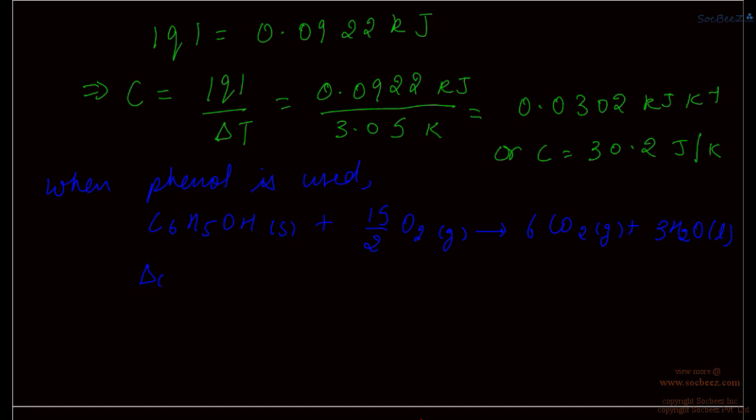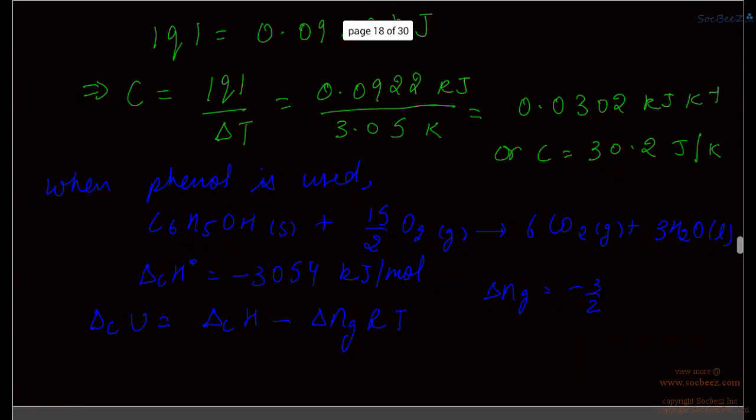And now since delta Hc is minus 3054 kilojoule per mole. Okay, so delta U, similarly to the last part, it will be delta H minus delta NgRT, and since delta Ng here is minus 3/2, using the same method that we used in the last part.